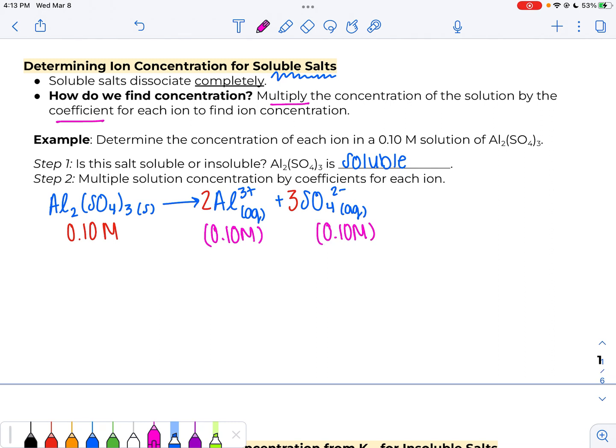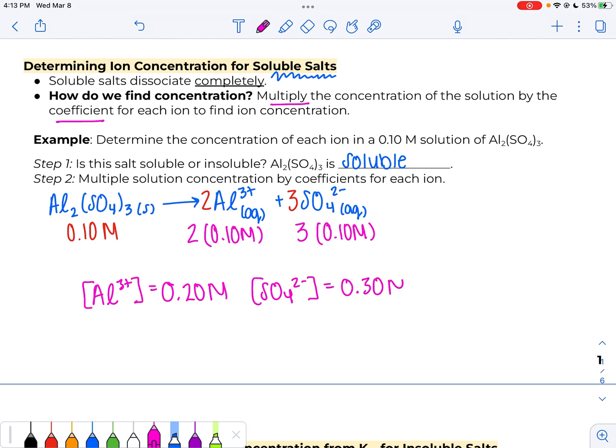What's the coefficient for each of these? Well, it's 2 for aluminum and it's 3 for sulfate. So that means our equilibrium concentrations of our salts are 0.20 molar for aluminum and 0.30 molar for sulfate.